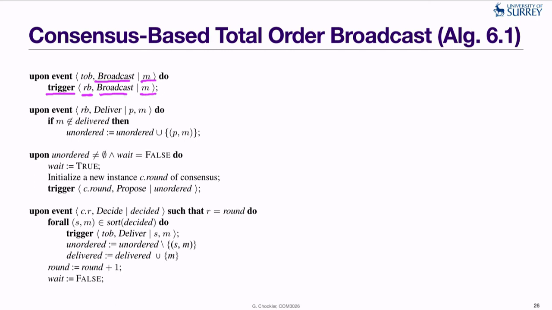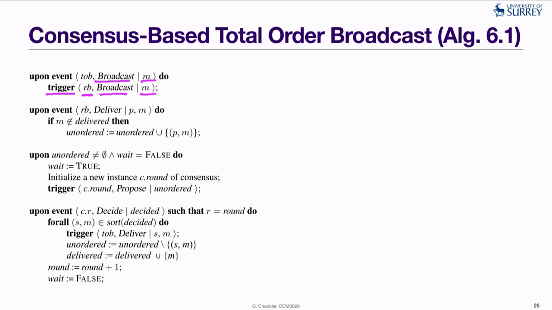And recall that a reliable broadcast layer guarantees that if a message is delivered by a correct process, or for uniform reliable broadcast by any process, then it is eventually delivered by all correct processes.